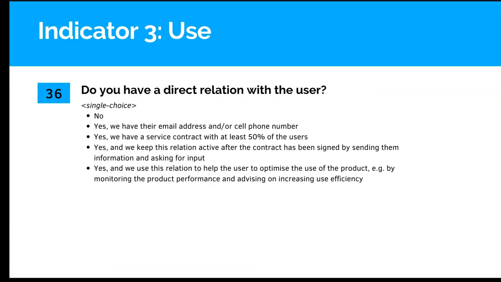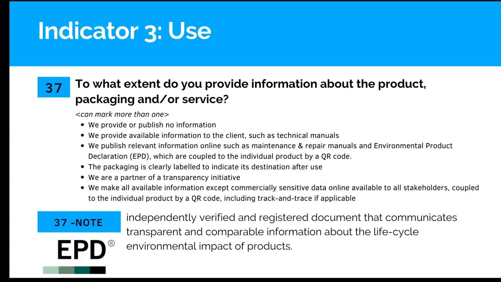Question number 36 is asking whether you have a direct relationship with the user, and if so, to what extent. The following question is concerned with the extent of information that is provided about the product, packaging, or service, whether customers can learn about the environmental performance of the service, whether it's clearly labeled, whether this information is easily accessible.